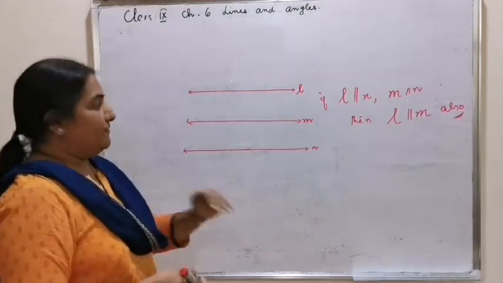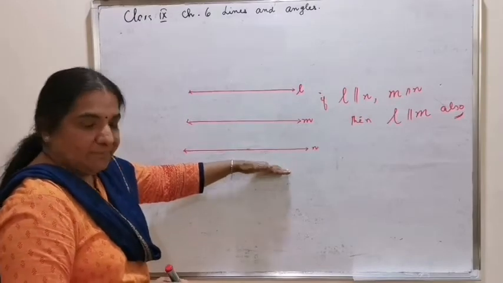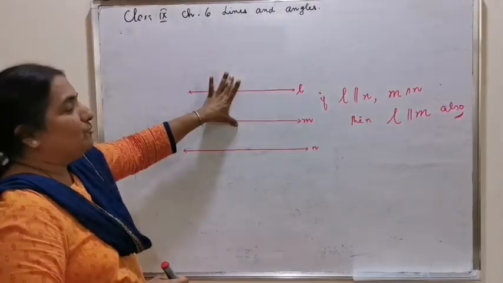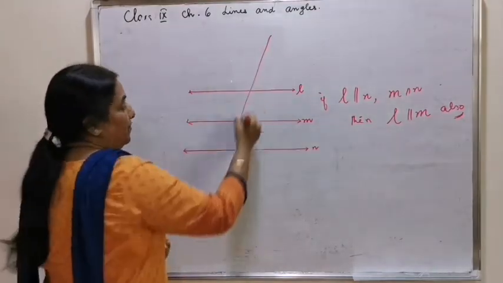That is, if you have a line L parallel to N, M also parallel to N, we can very well prove that L and M are parallel. How can you prove it?